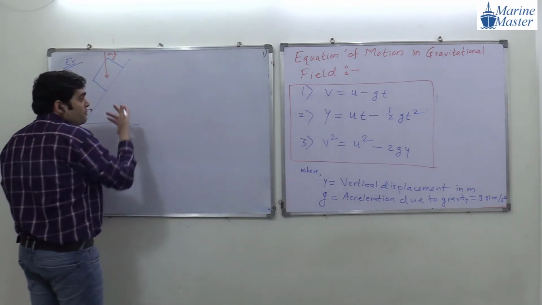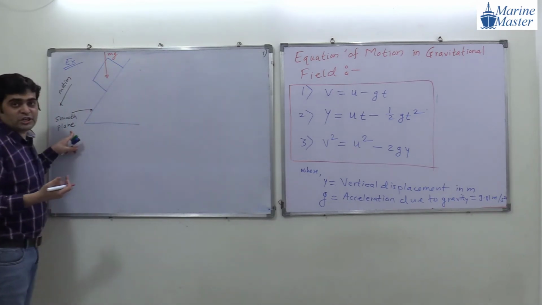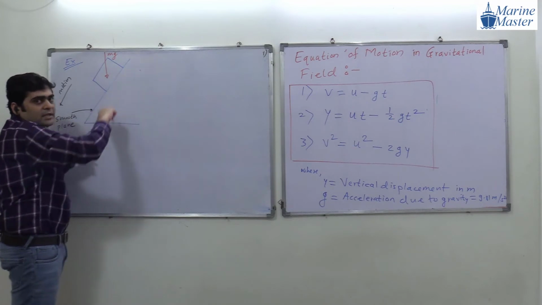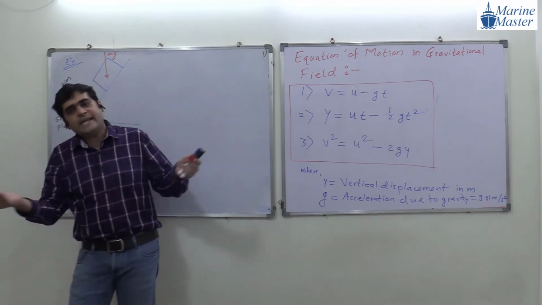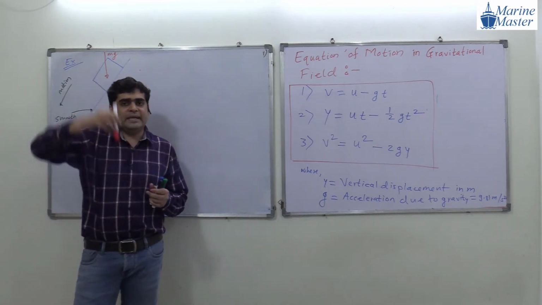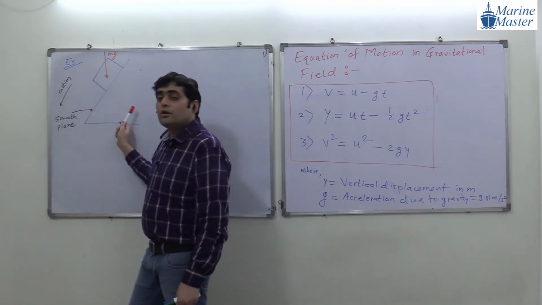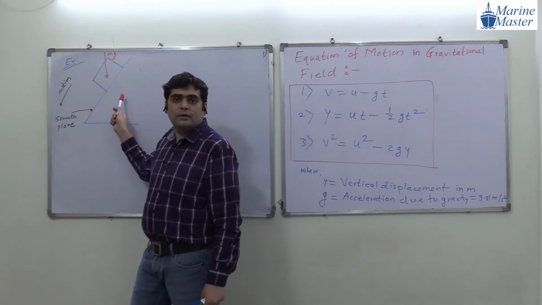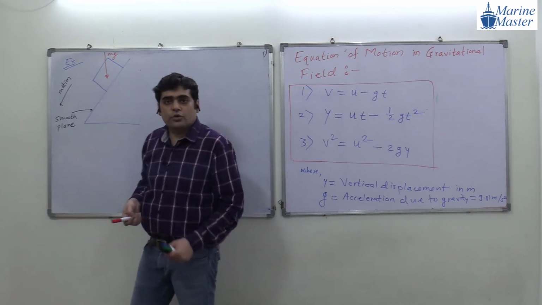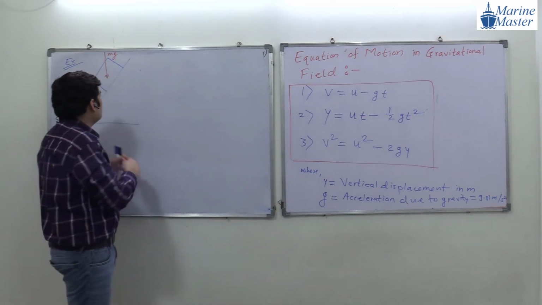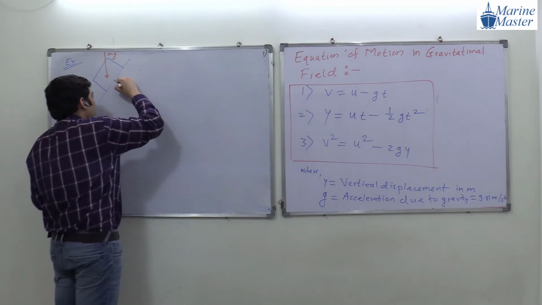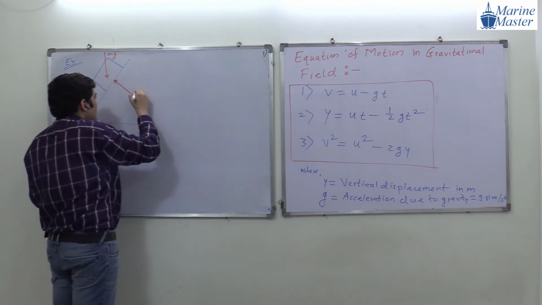Though there will not be a friction force, we still have a plane. If there is no plane, then the object will be in air. But here there is a plane, so there should be a normal reaction.